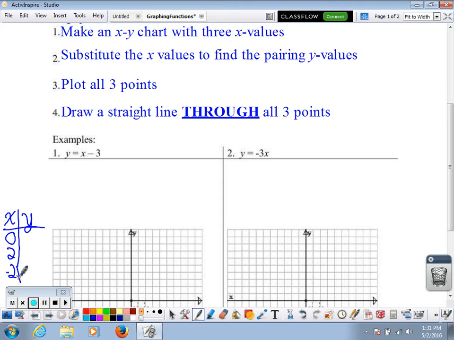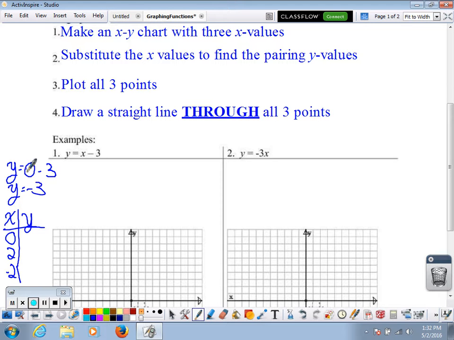I'm going to substitute each of those values into the function. So I have 0. I'm going to put 0 right here in place of X. So I'll say Y equals 0 minus 3. Well, 0 minus 3 is negative 3.